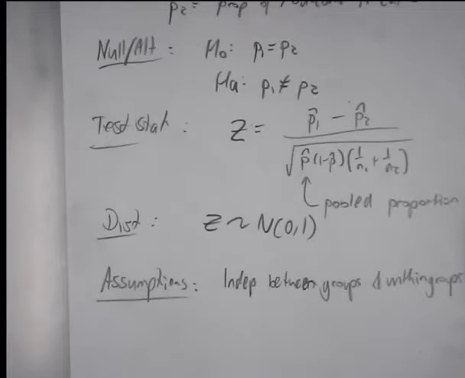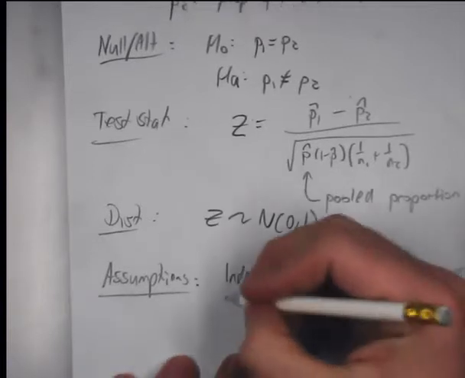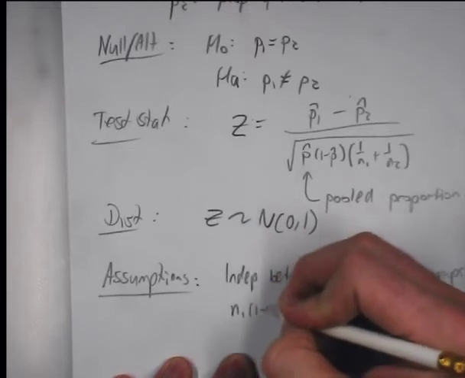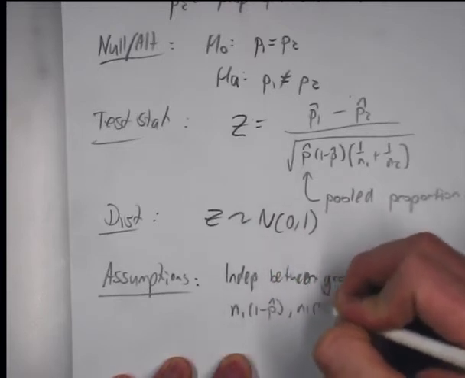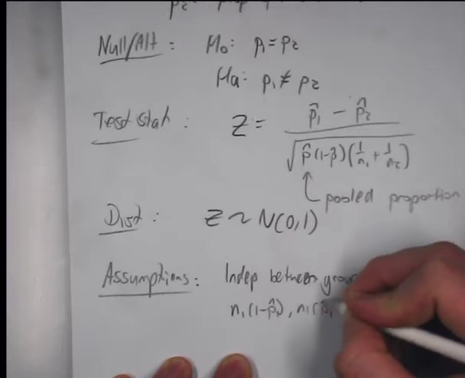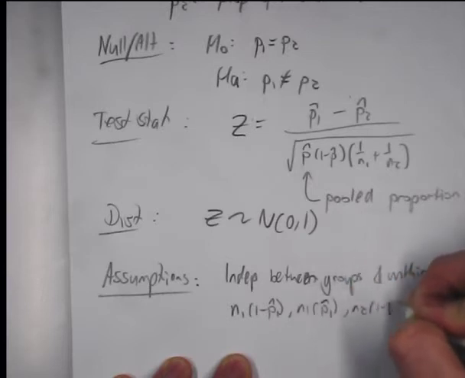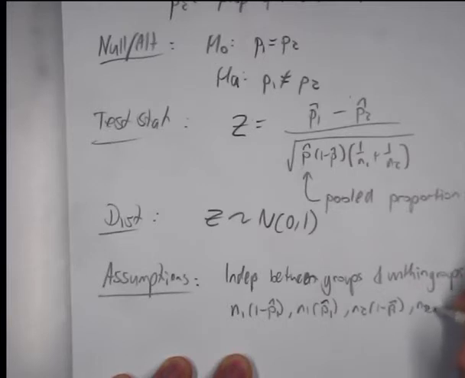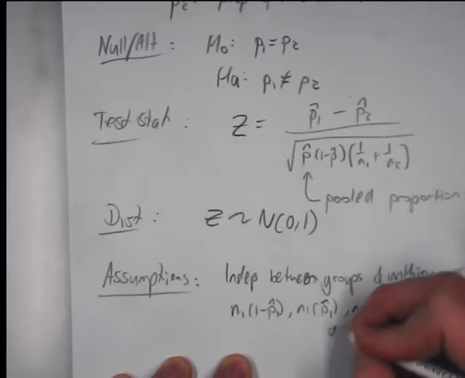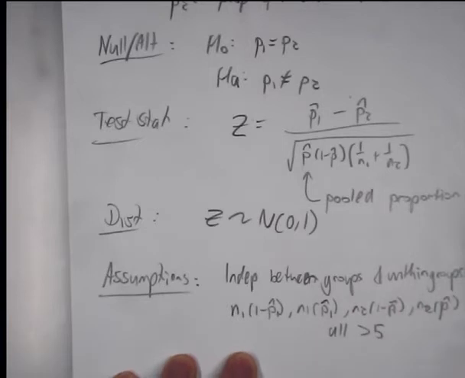To use this test when the numbers of successes or failures in both samples is at least 5. Okay? So n P1 hat, n 1 minus P hat, are all greater than 5.